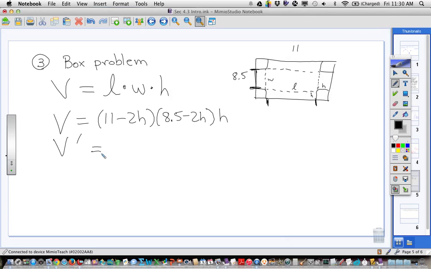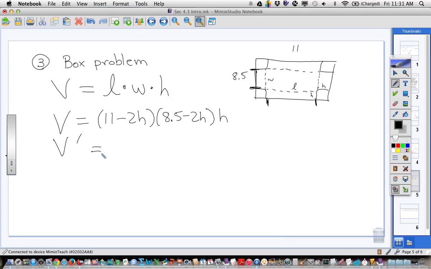So you can go ahead and just type that in. Now, you can change it to x if you want when you do it. But we're going to do the derivative with respect to h, right? We're doing dV/dh here, derivative of V with respect to h. To be honest, I don't even care if you write the derivative on your paper.